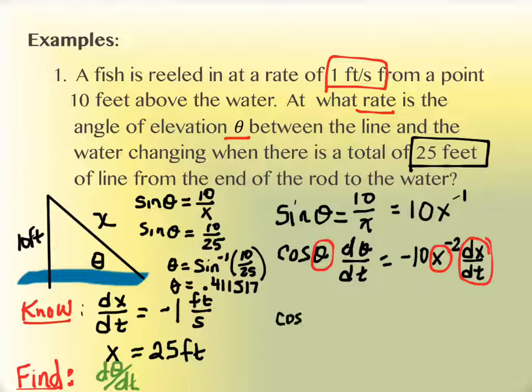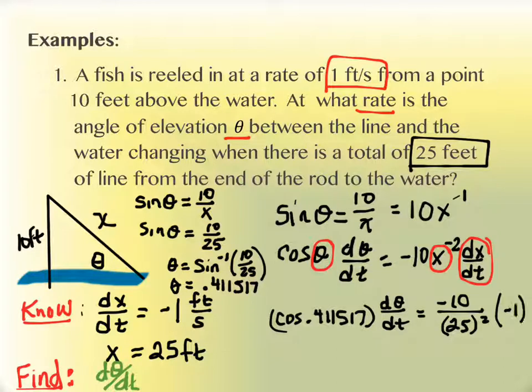So we're going to insert those quantities in. We're going to do the cosine of 0.411517 times dθ/dt equals negative 10 over, and I'm going to put it as a denominator because it had a negative exponent, so 25 squared times negative 1.